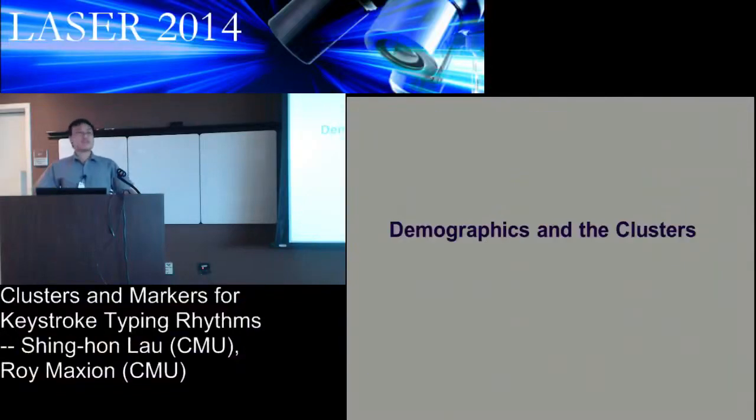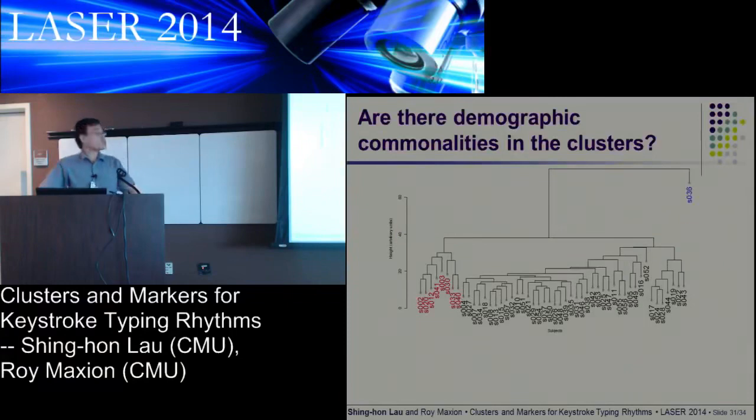So now that we've identified these clusters and their corresponding markers, it's interesting to ask, as Nate pointed out, we saw that 36 was so different. And it begs the question, are these clusters in general somehow unique in their demographics? So I'll return to this dendrogram that we saw earlier.